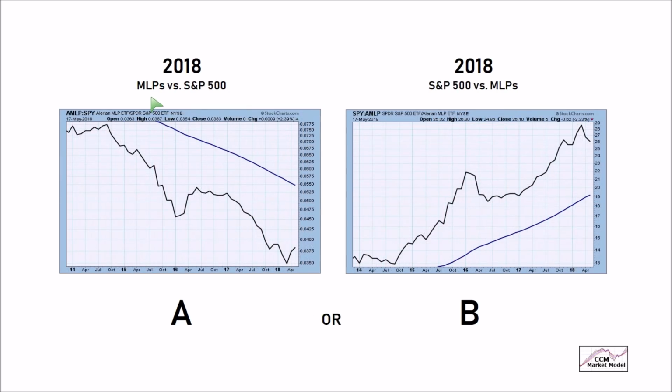How about if we look at master limited partnerships just relative to the entire stock market or the diversified S&P 500 index? Similar situation. AMLP relative to SPY, long-term downtrend. SPY relative to AMLP, a long-term uptrend. Like any trend, we always have normal and 100% to be expected counter trend rallies within the context of an ongoing trend. How long will this trend remain in place? We have no idea. We take it day by day.